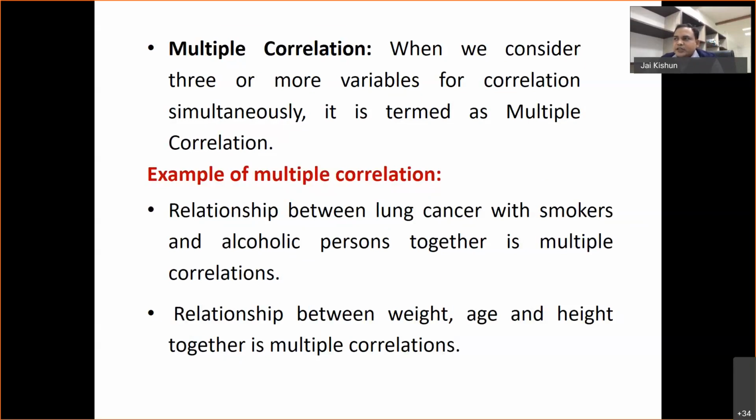For example, the relationship of lung cancer with a smoker and alcoholic person together is a multiple correlation, or the relationship between weight, age and height together is a multiple correlation. Here we are studying three variables at a time. So in multiple correlation, basically three or more variables are studied simultaneously.